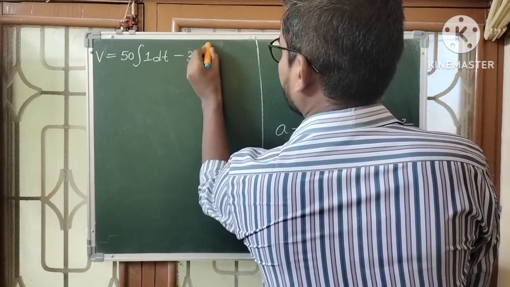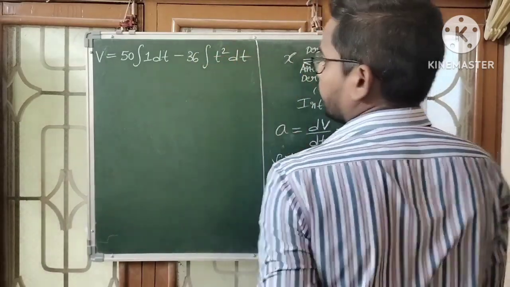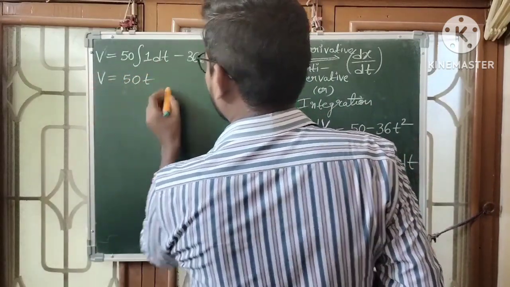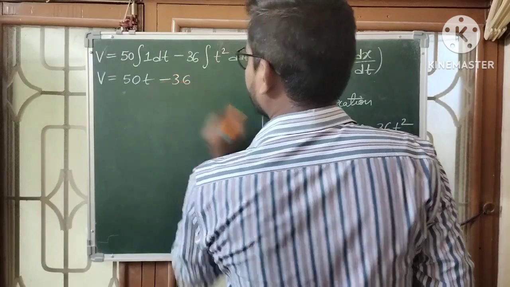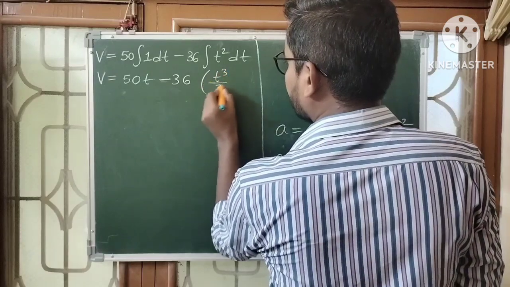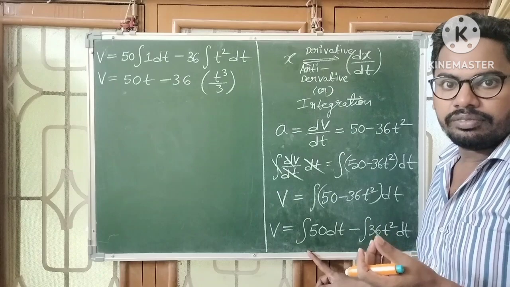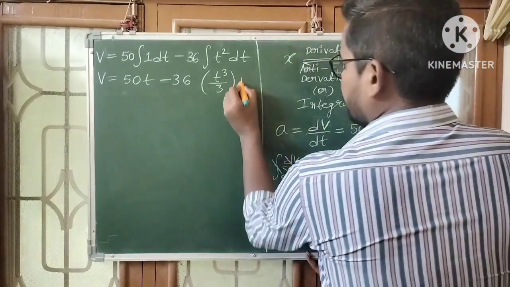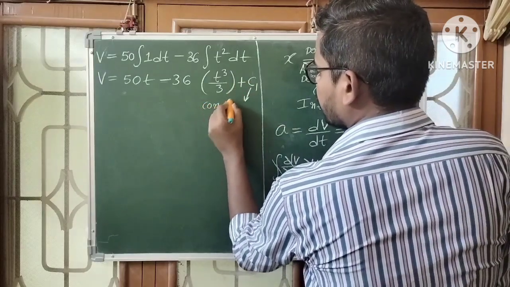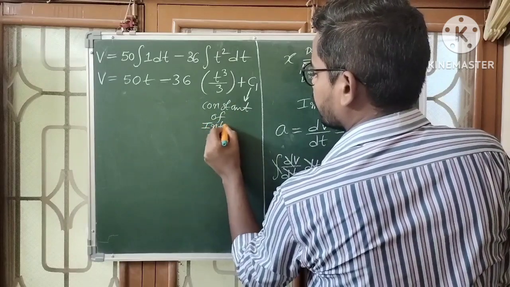We know that ∫1 dt is equal to t, so 50t minus 36 times the integral of t², which is t³/3. Whenever we apply integration, we always add some constant, so let us say C1. This constant is called the constant of integration or integrating constant.